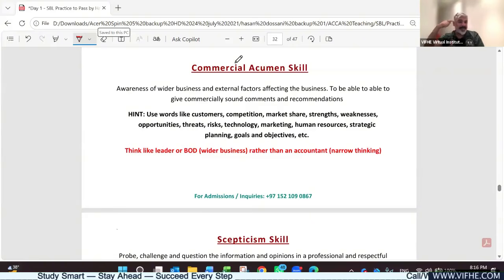So these words which I am saying, are you able to understand? HR strategy, motivation, staff training, marketing strategy. You're able to understand what it means, right? You have some idea. So it means you have commercial acumen.